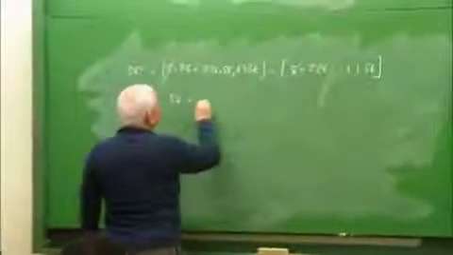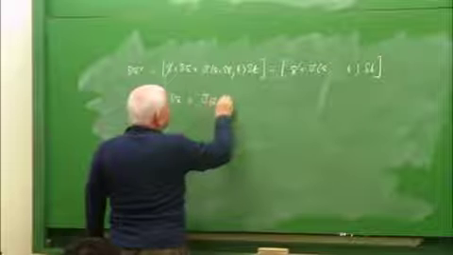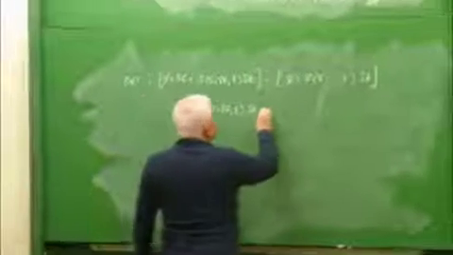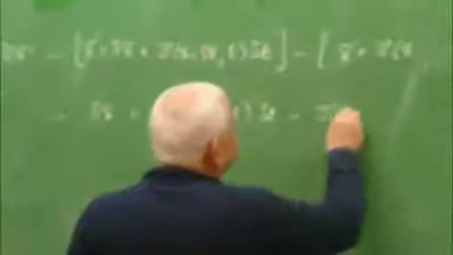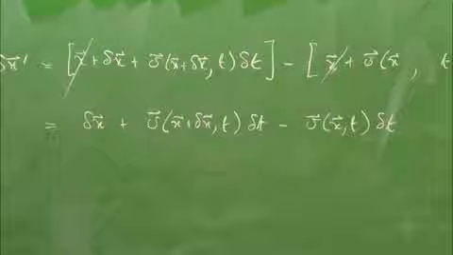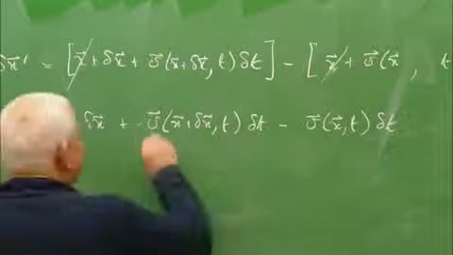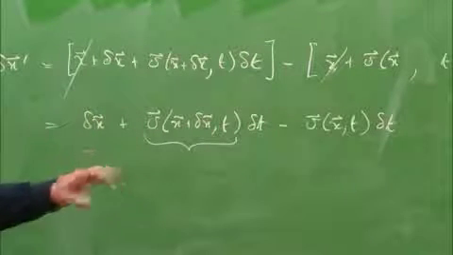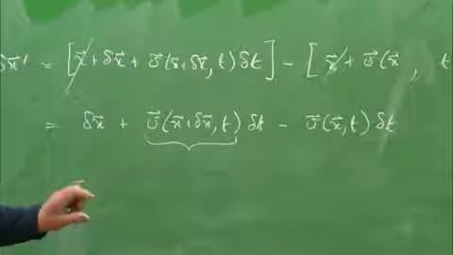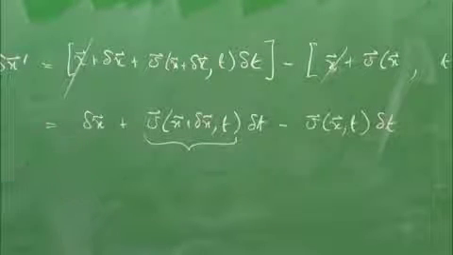So if I remove the brackets, that term will cancel with that term, and it leaves me with delta x plus, now it is v at x plus delta x, t delta t, minus v at x and t times delta t. And what I now want to do is use the Taylor series expansion, because I'm going to consider the limit as the separation of the two fluid points goes to 0.